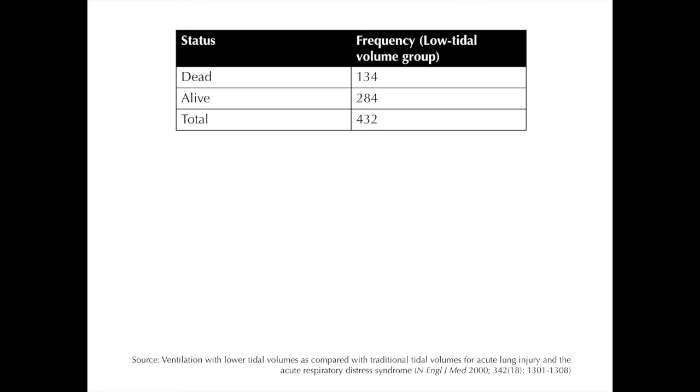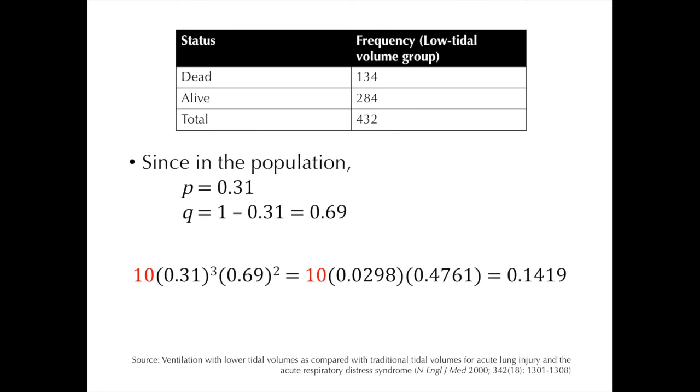Now, what then would be the probability of the occurrence of exactly 3 deaths out of 5 randomly selected patients, considering there are 10 ways in which the random selection can occur? We multiply the number 10 to the probability of 0.0142 we got from earlier. So, our desired probability then would be 0.1419.